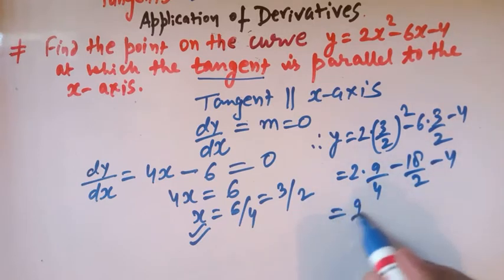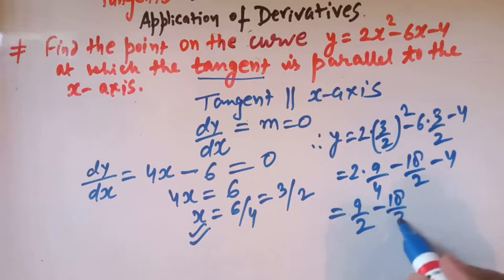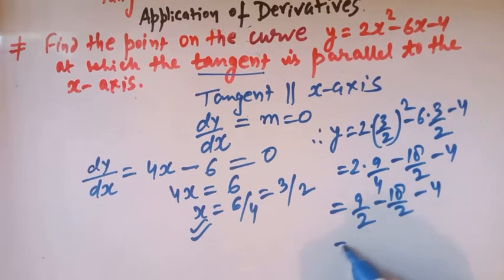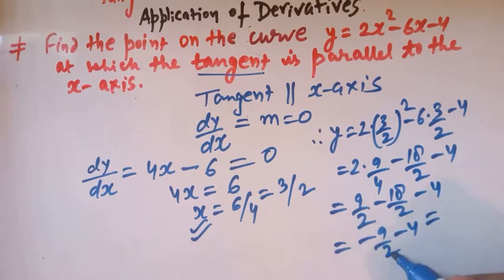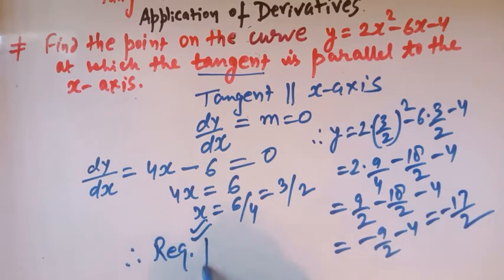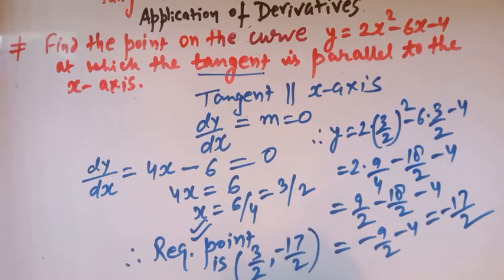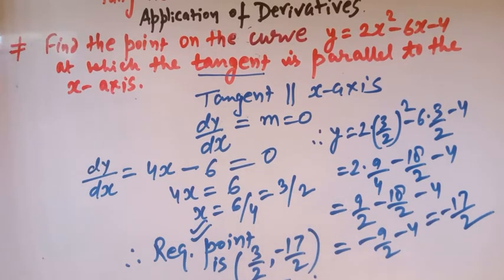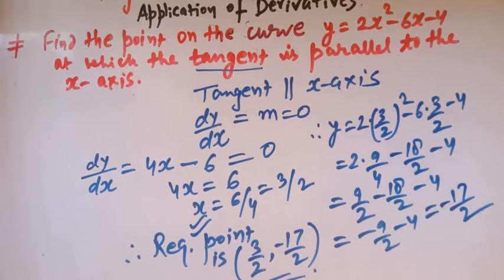So we have 9 by 2 minus 18 by 2 minus 4, and we have minus 9 by 2 minus 4, and this is equal to minus 17 by 2. So therefore the required point is 3 by 2 comma minus 17 by 2. So this is the point where the tangent is parallel to x-axis. Clear?